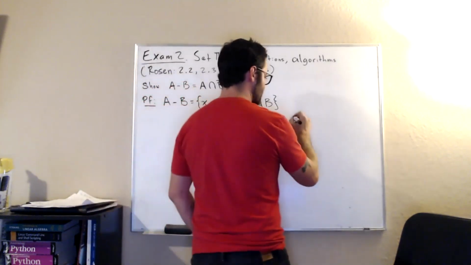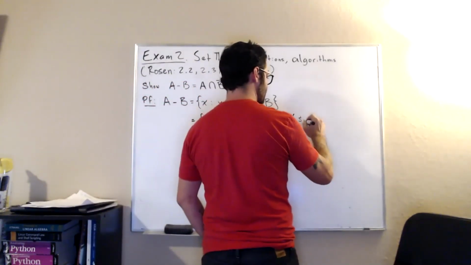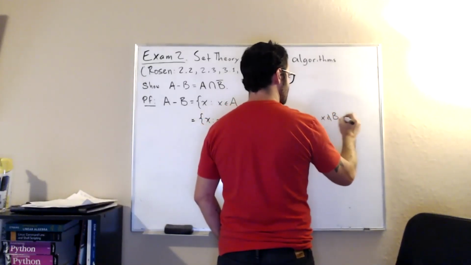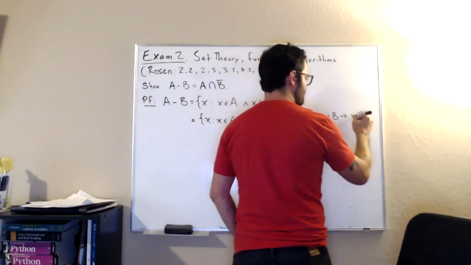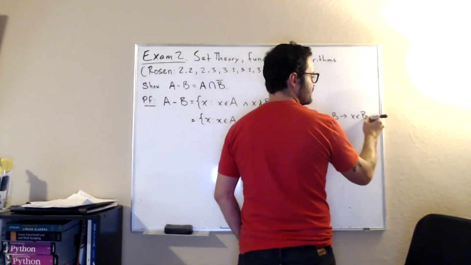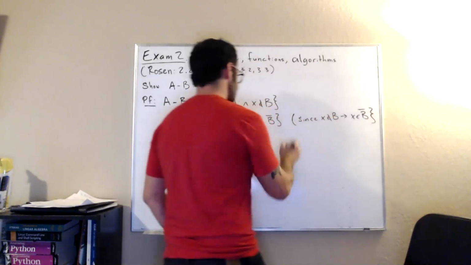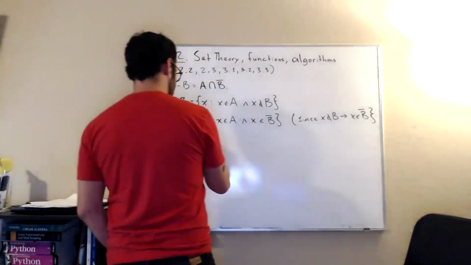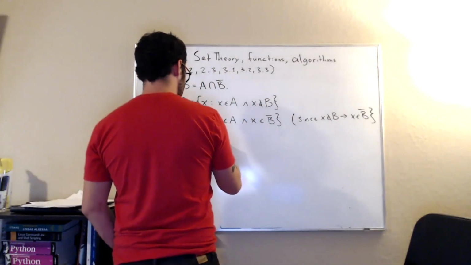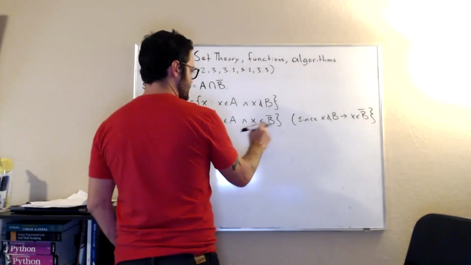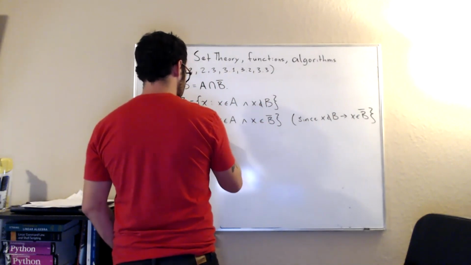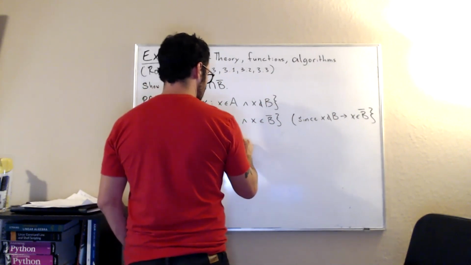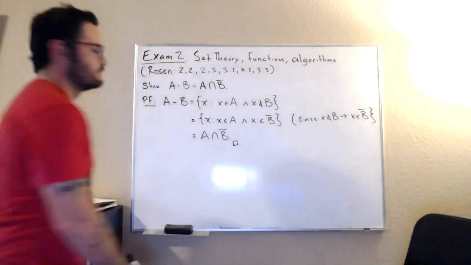And you could just write over here, since x not in B implies x is in B complement. Okay, but this is the definition of saying that x is in A intersect B complement. And that'd be it for that.